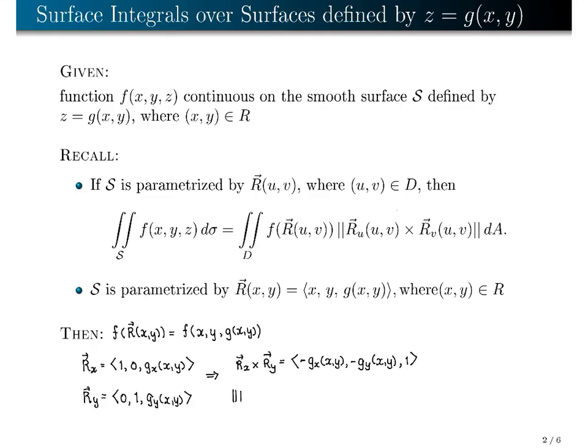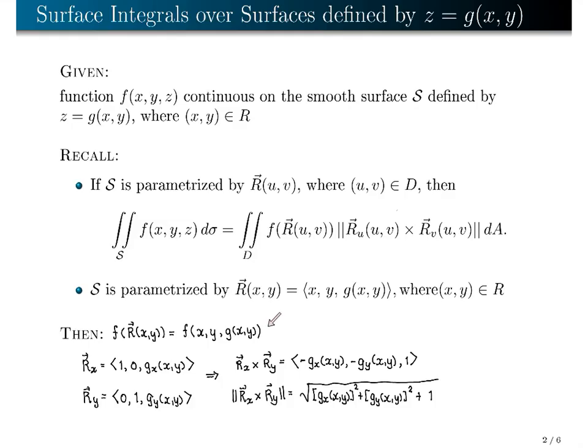Thus, we obtain the magnitude of r_x cross r_y to be given by the square root of the square of the partial of g with respect to x at (x, y), plus the square of the partial of g with respect to y at (x, y), plus 1 squared, which is 1.